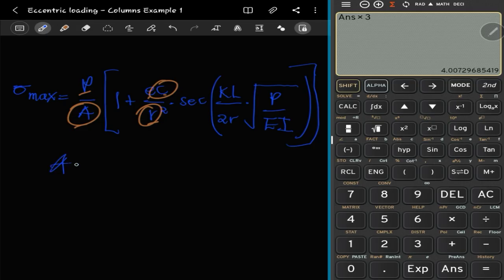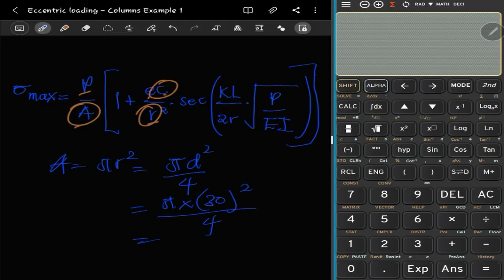We know the cross-sectional area of a circle to be pi R squared, which is the same as pi d squared on 4. So let's see what that gives us. Pi times 30 squared on 4, everything in mm.